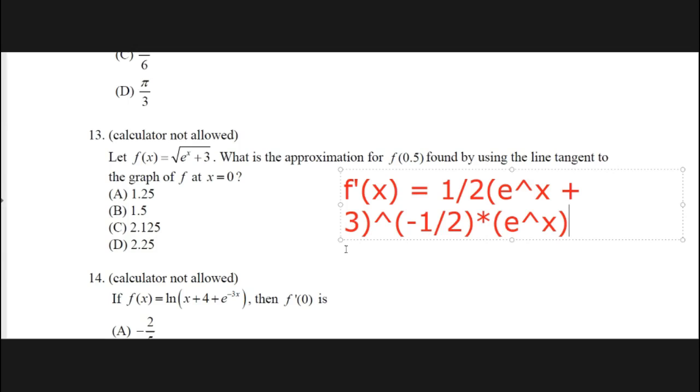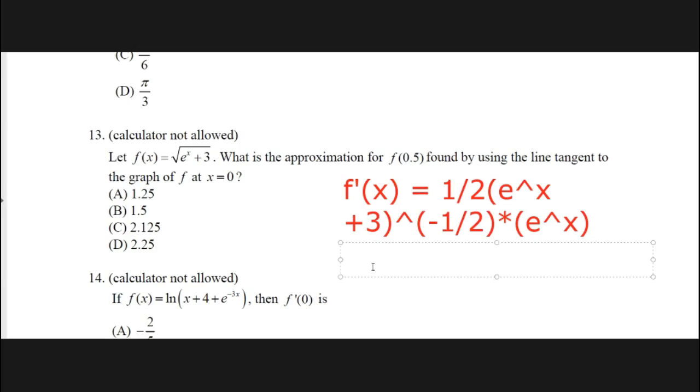So what I'm going to do is plug in 0.5 to that. So that gives me e to the 1/2 over 2 times the square root of e to the 1/2 plus 3.